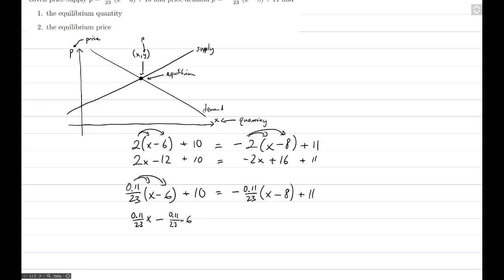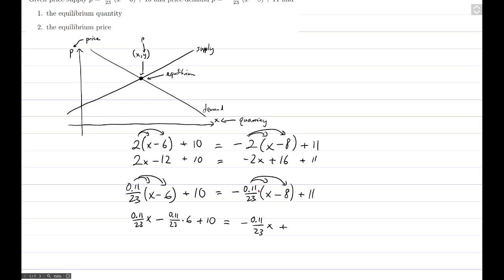Now, you could do 0.11 times 6 all over 23 in a calculator, but I think just leaving it like that, as messy as it is, will work out just fine. Same deal, we'll distribute just like we would have distributed negative 2 up here. This will be a negative 0.11 over 23 times x, and then a negative times a negative will be a positive. That matches, by the way, the same deal for having this plus here.